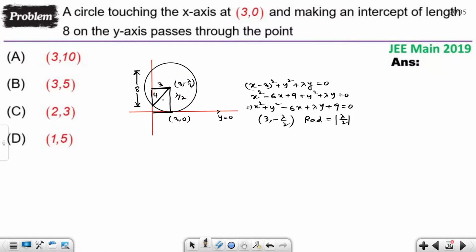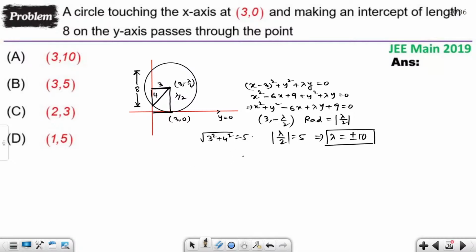From the Pythagoras theorem, the radius will be root of 3 squared plus 4 squared, that gives us 5. Therefore, modulus of lambda over 2, because this is nothing but the radius, is 5. So that implies lambda is coming to plus minus 10. Am I correct? Lambda is coming to plus minus 10.